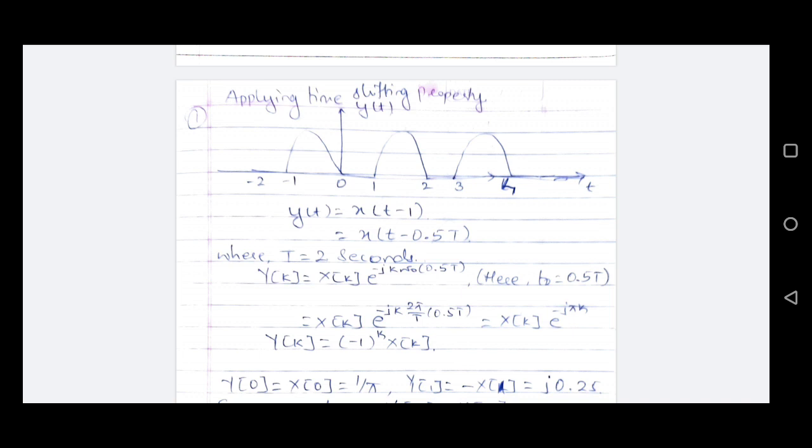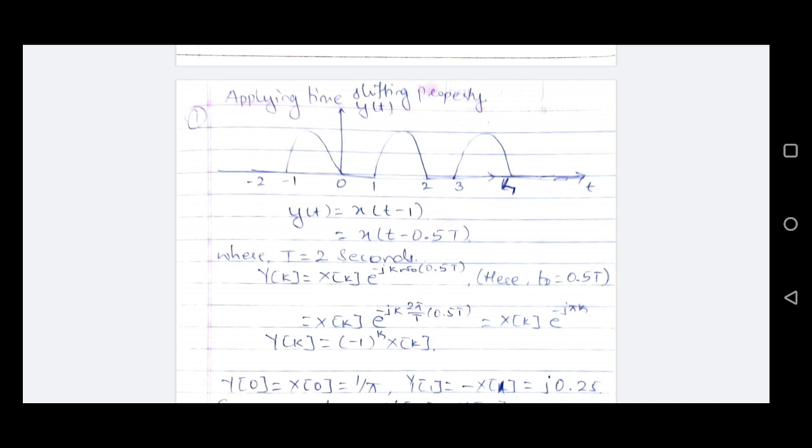For even values of k it will be 1, and for odd values of k it will be -1, and sine of integer multiples of pi will be 0. So e to the power minus j pi k can be represented as -1 to the power k.